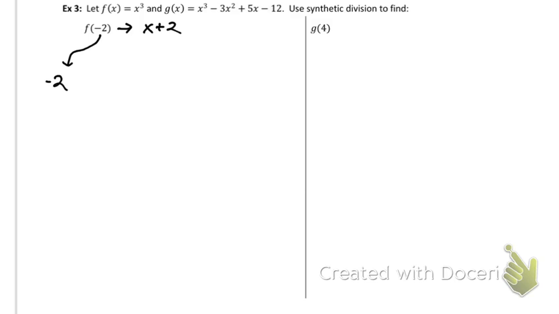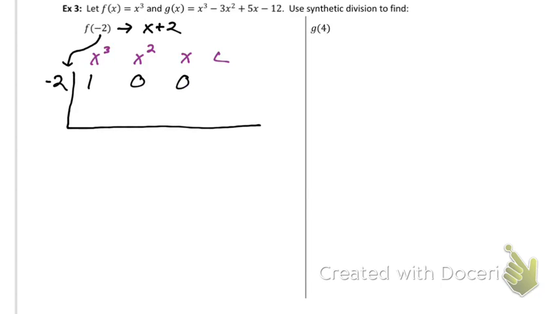But I'm using synthetic. Since I have x cubed, I need to have an x cubed category. I need to have an x squared, I need to have an x, and I need to have a constant category. With this function, we just have 1x cubed, and everything else would just be zeros. Because it's just x cubed. There's just 1x cubed before f of x.